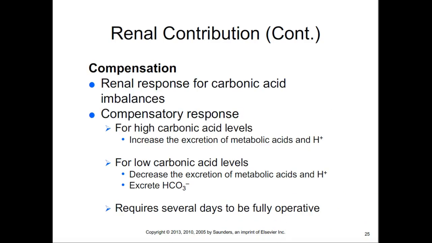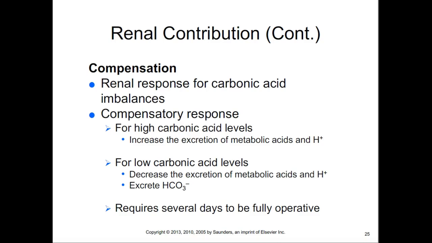So compensation: renal response for carbonic acid imbalances. Our compensatory response for high carbonic acid levels is to increase the excretion of metabolic acids and hydrogen ion. For low carbonic acid levels, we decrease the excretion of metabolic acids and hydrogen ion concentration, and we excrete bicarbonate.